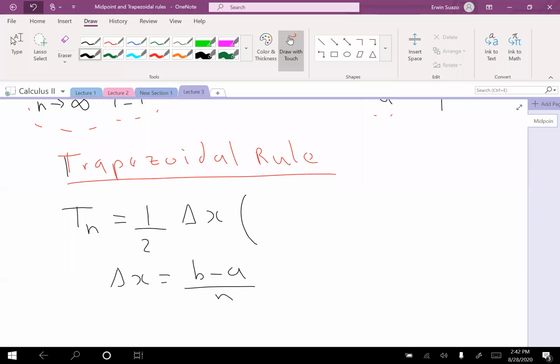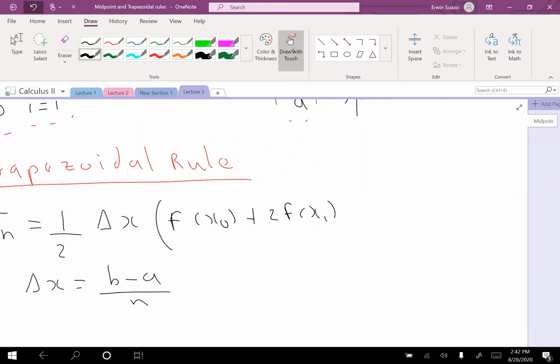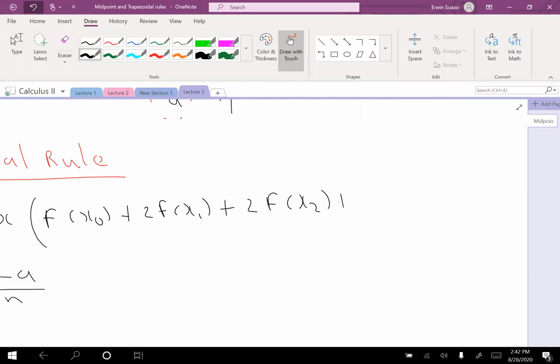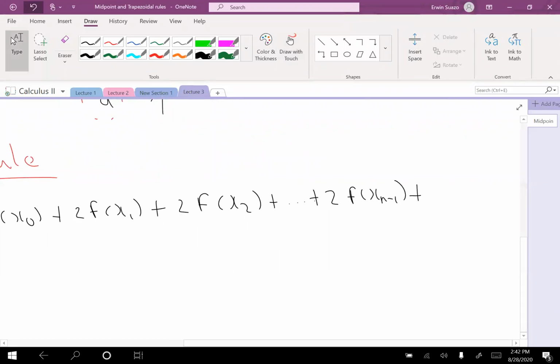And then it goes like this: f of x0 plus 2f of x1 plus 2f of x2 plus, you continue, 2 times f of x n minus 1 plus f of xn.